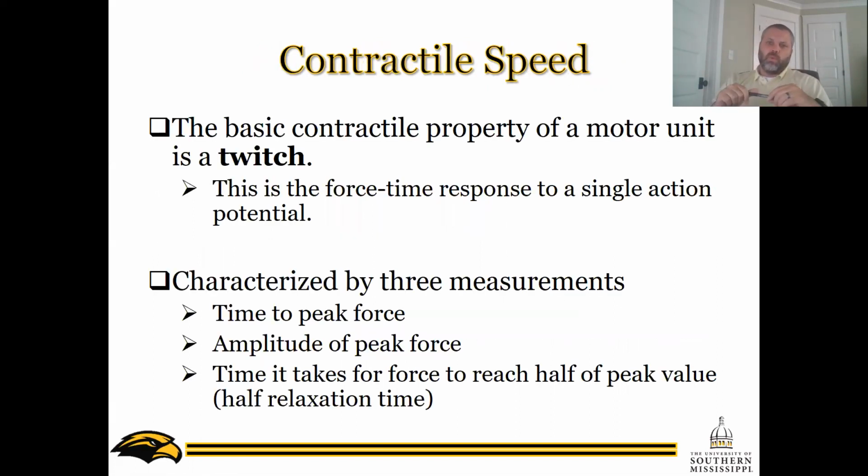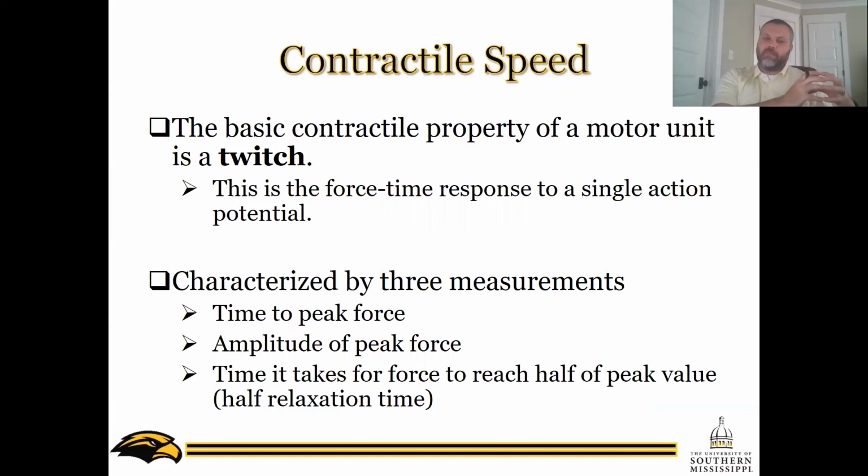How we evaluate a twitch or an action potential is in one of three ways. We look at the force generation and the time response to a single potential, and we call this single potential a twitch. Twitch interpolation gives us an understanding of the dynamics of this motor unit.